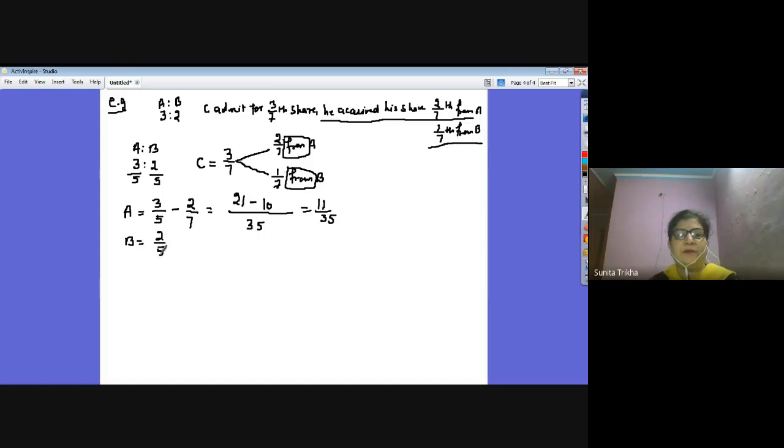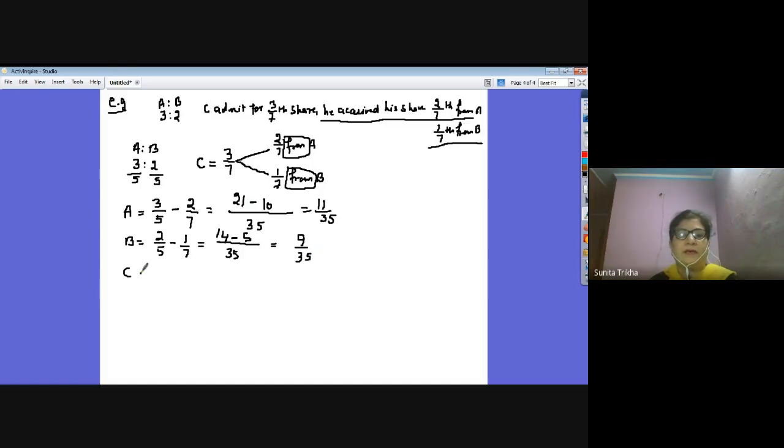In the same way, B: 2/5 minus sacrifice share of B, that is 1/7, with LCM 35. 7 times 5 is 35 and 5 times 7 is 35, so 14 minus 5, equal to 9/35.